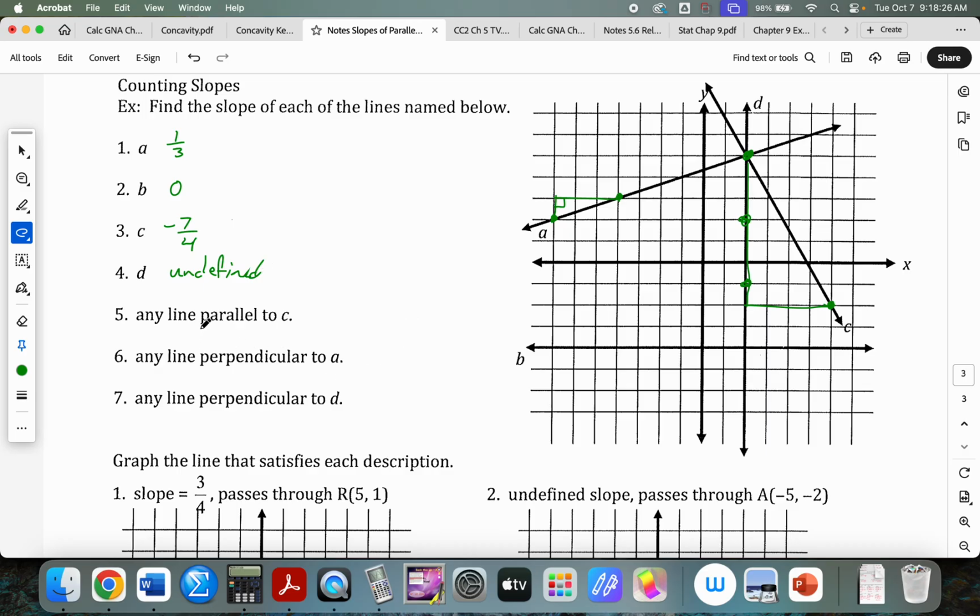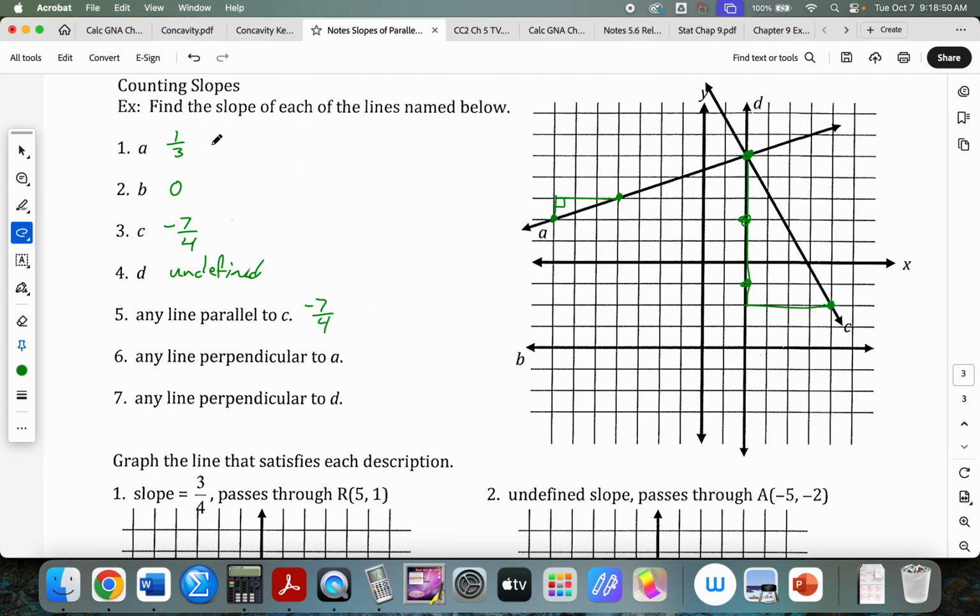All right, so how about this? Any line parallel to C. The slope of C is -7/4, so a line parallel to C would have a slope of, yeah, -7/4. All right, what about a line perpendicular to A?